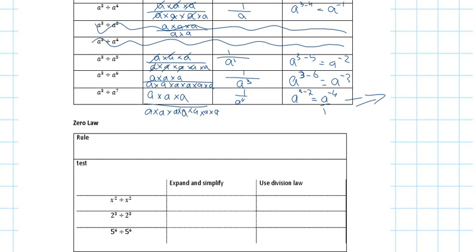If I flip the base, that becomes 1 over a, and I can make my exponent positive, because technically in math, we don't leave our exponent as a negative exponent. So you flip the base and make your exponent positive. Are we okay with that? That's a law, which is the negative exponent law.